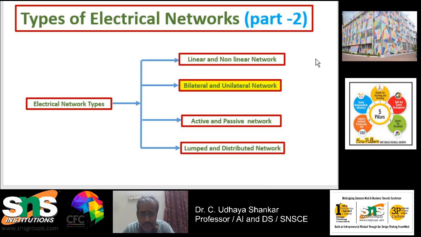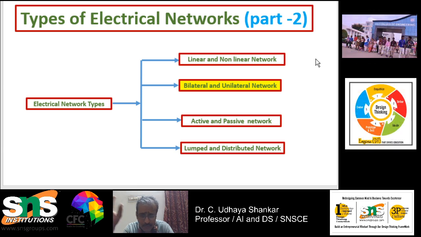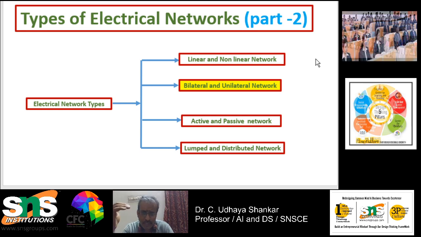So you can see that in the previous video, we have discussed the types of electrical networks as linear and non-linear networks, or it can be classified as bilateral and unilateral network, or as active and passive network, or as lumped and distributed network. Already in the previous video, we discussed linear and non-linear networks. If you have any doubts with respect to linear and non-linear, you can just refer to the previous videos.